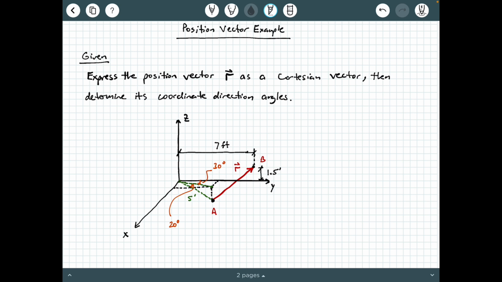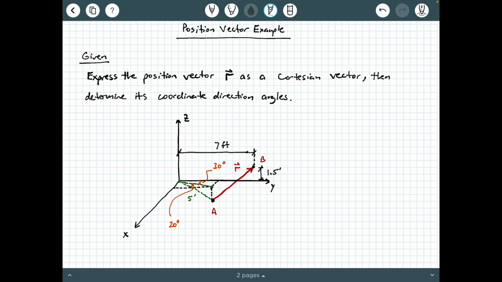So as we go through the solution of this problem, I'm going to extract these elements to help us visualize it better. But that's how point A is being defined, by these two reference angles: a 30-degree angle that's in the XY plane, and then a 20-degree angle that's sweeping into the negative Z direction. Now the diagonal length from the origin to point A is 5 feet. That's this 5-foot length right here. So again, that's that diagonal length.